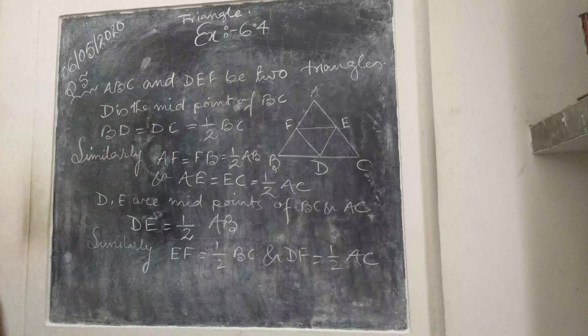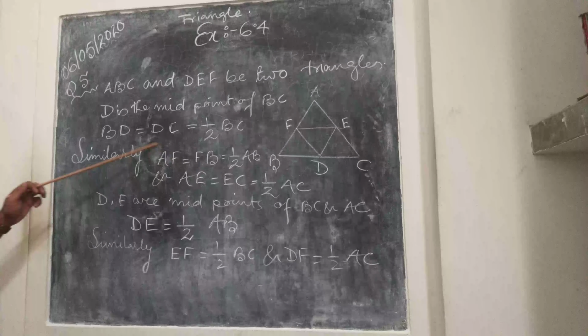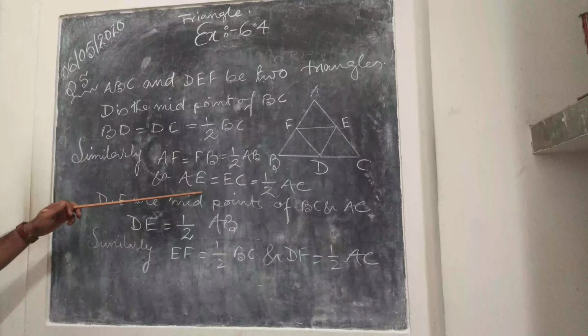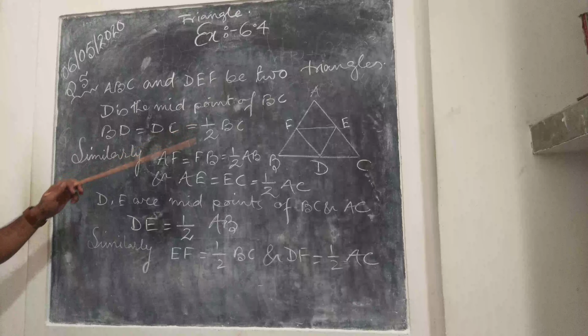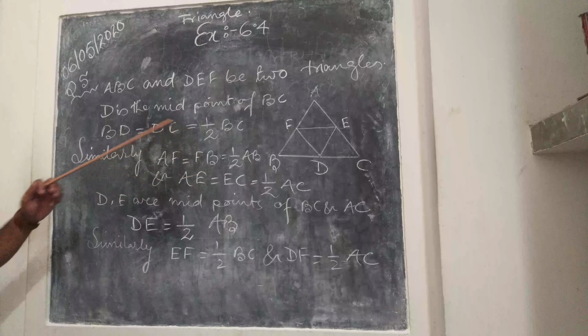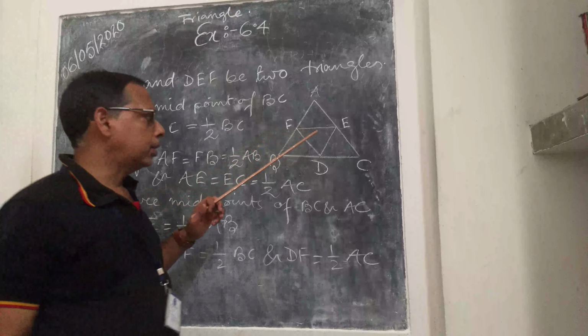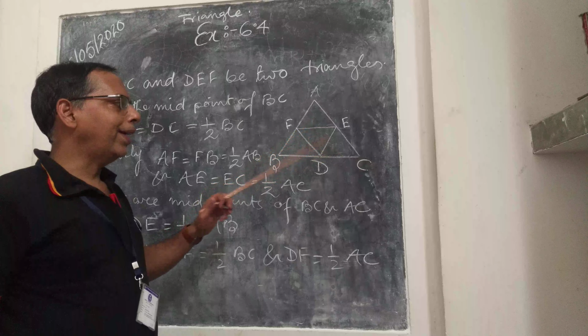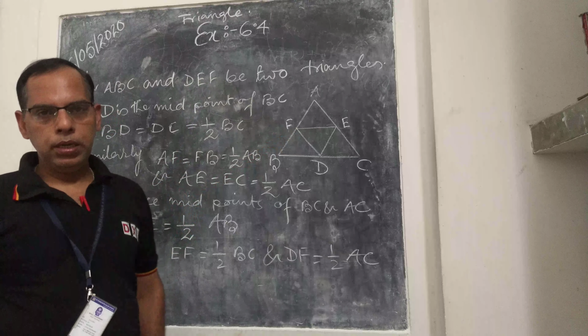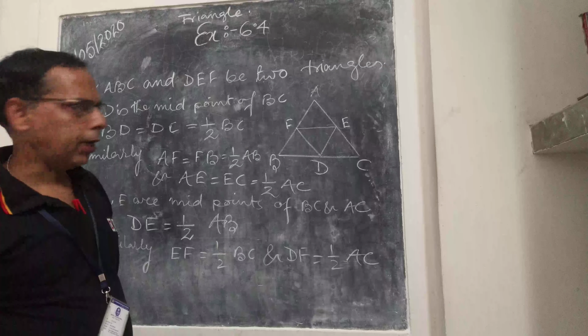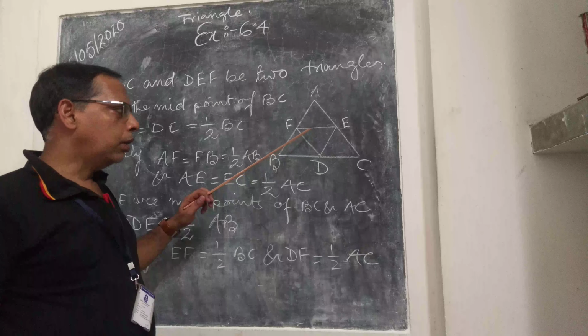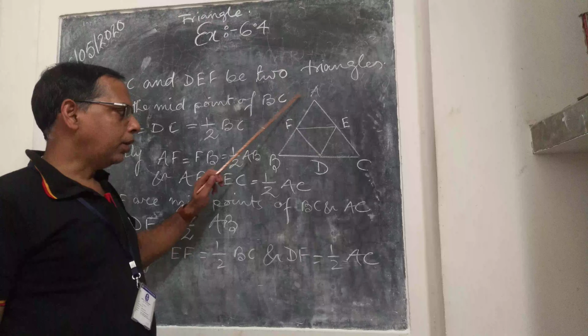Now you can see these things are written, but in this context these three parts will not be needed. They will be needed if they ask you to prove that all these four triangles are similar. Here they are asking only about triangle DEF and triangle ABC.